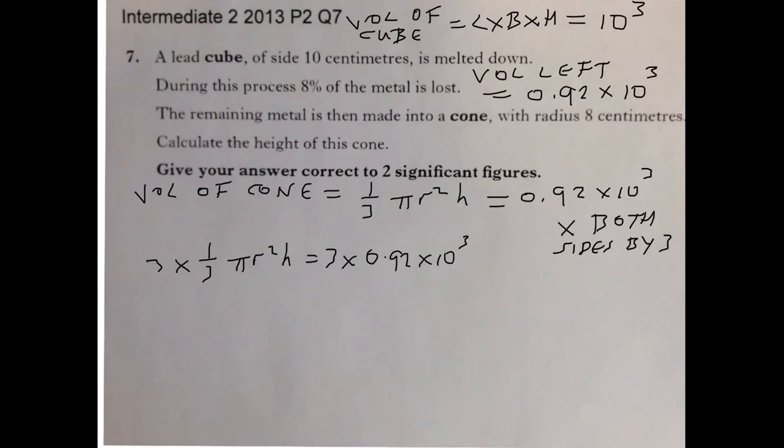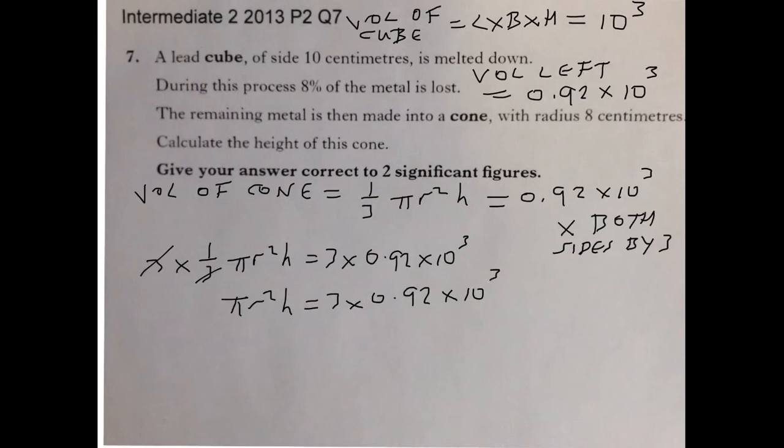On the left hand side the 3 and the third will cancel out, so we're left with pi r squared h equals 3 times 0.92 times 10 to the 3.